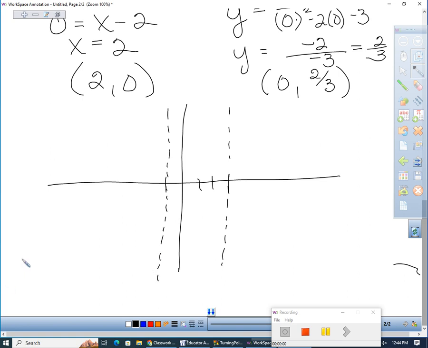We know that it's going to cross the x-axis at 2, 0. Plug that one in. It also says that I have a horizontal asymptote, gentlemen. I have a horizontal asymptote at y equals 0, which is the x-axis. Well, how is it that I can't cross the x-axis, but I can actually have a point on the x-axis?